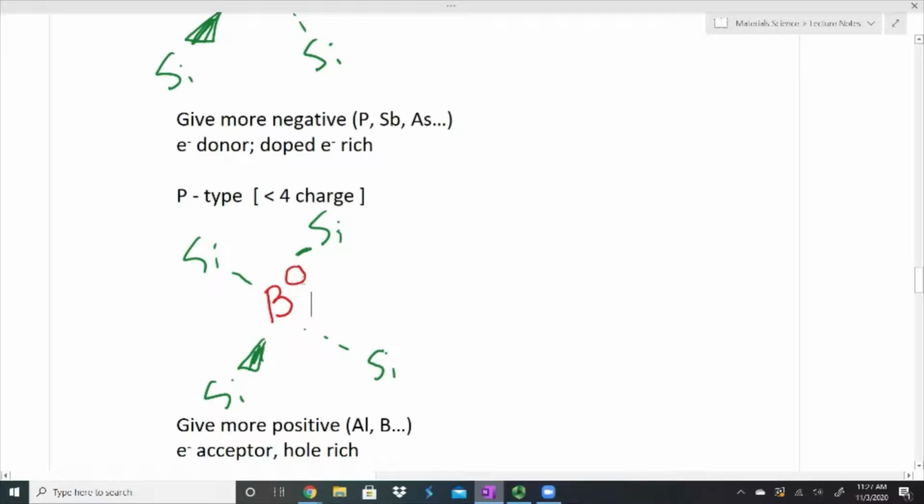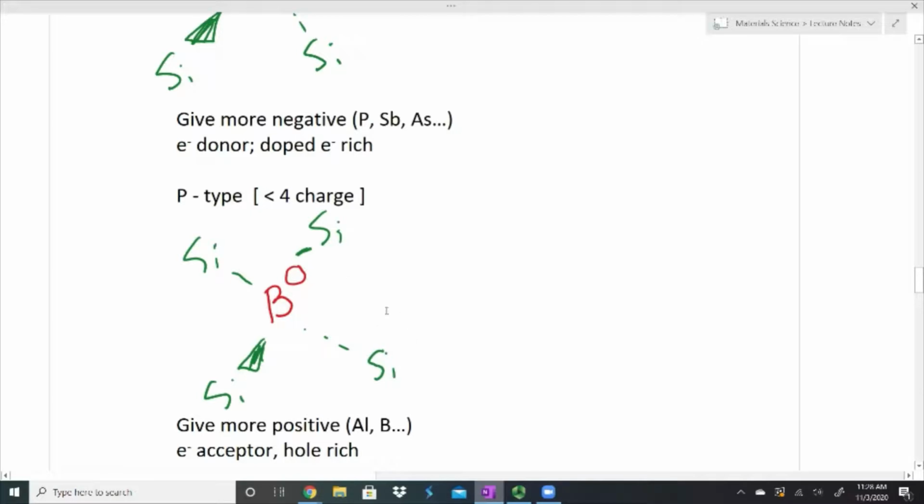This hole is basically an anti-negative charge. It's not a negative charge, but yet there should be a negative charge there because the silicon lattice says that there should be 4 bonds and we're missing an electron here. Because of that, we have a hole. We say that this is an electron acceptor or that it is hole rich.